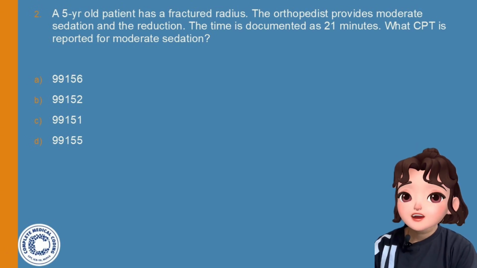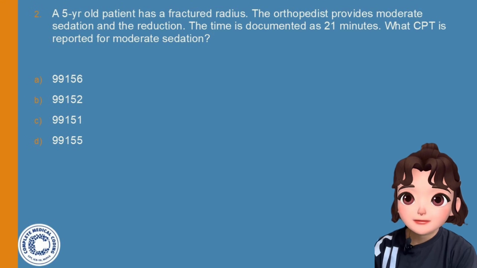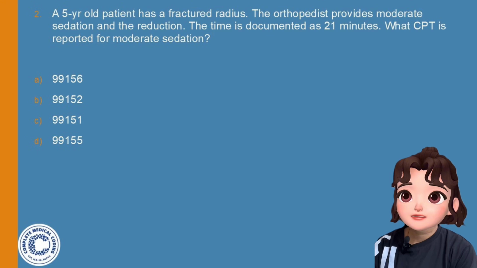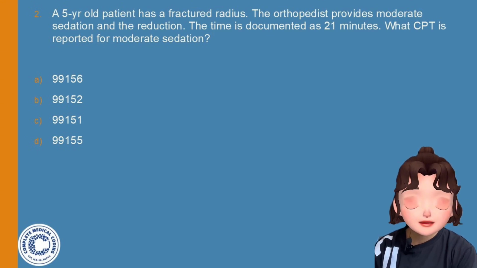Okay, so go to option A, 99156. See, all these are 99 codes, medicine codes, starting from 99151, 99152, 99155 and 99156. So let's check all those codes. First take 99151. What is 99151?